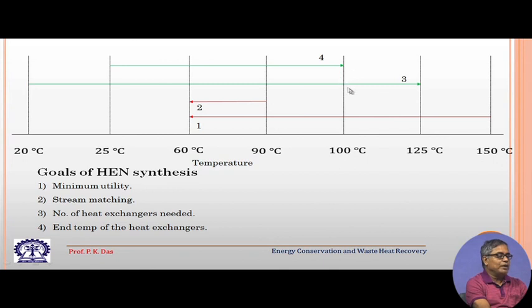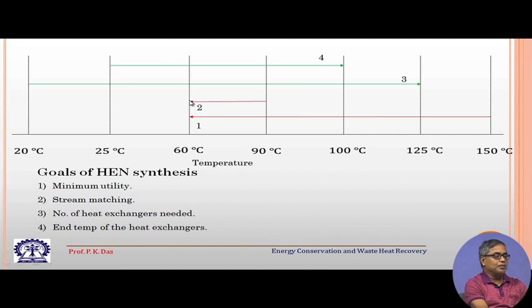So, you see in the problem, if we have combined these 4 streams, then we are having certain temperatures. This is the lowest temperature of the heat exchanger network. This is some in between temperature which has been specified by the problem.